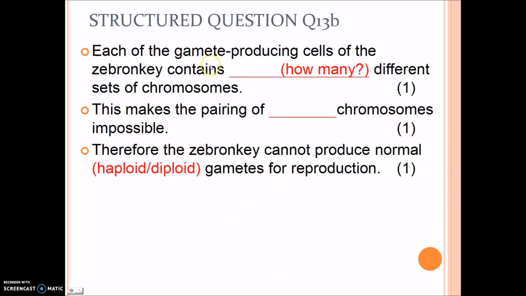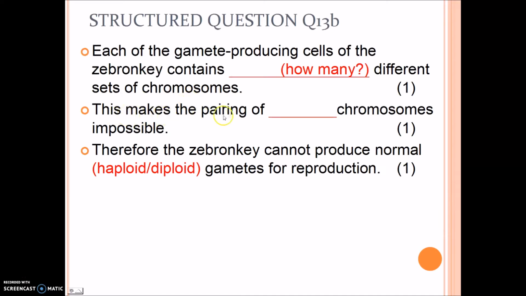So we go back to part B. I give you the structure, the framework, of question part B. Each of the gamete producing cells of the subbronchi contains how many different sets of chromosomes?